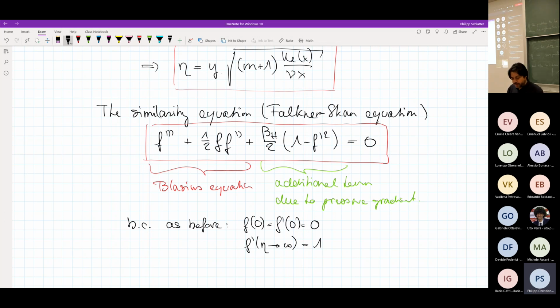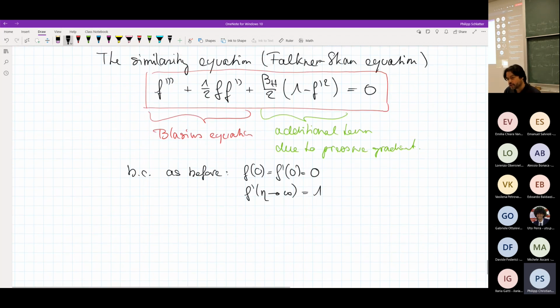So if you're interested in numerical methods, now you can implement this in a code, you can solve it, and you get the boundary layer profiles for pressure gradients. And if you're not so interested in numerical methods, you can just go on the home page, and there's actually a code there. It's not the Blasius.m.